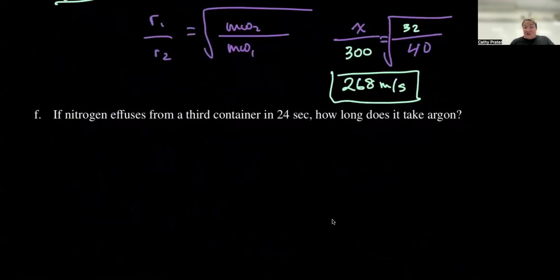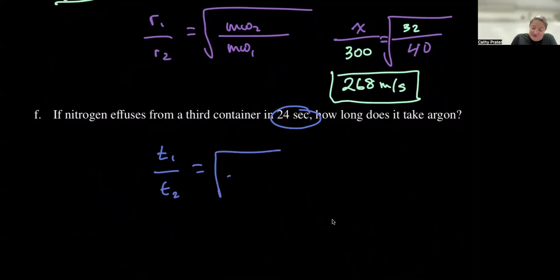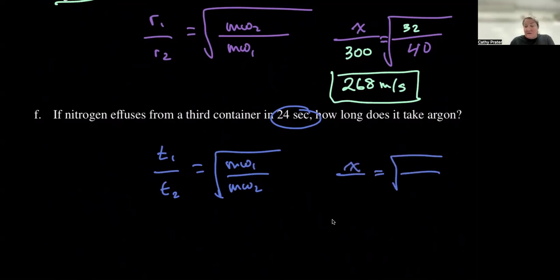The last part of this question: if nitrogen effuses from a third container, how long does it take argon? Now we're given time. The time relationship for Graham's law doesn't set up diagonally, but sets up straight across. So once again, I want to have my unknown in the numerator.